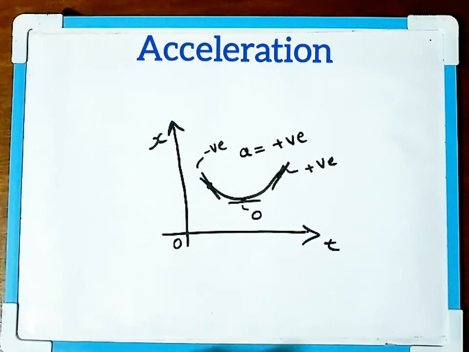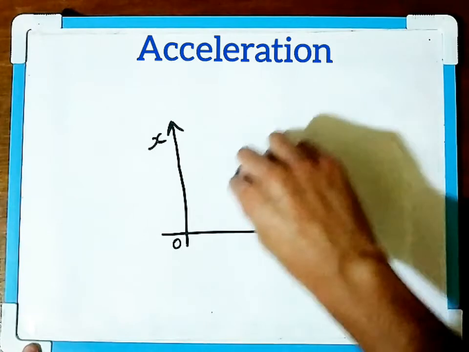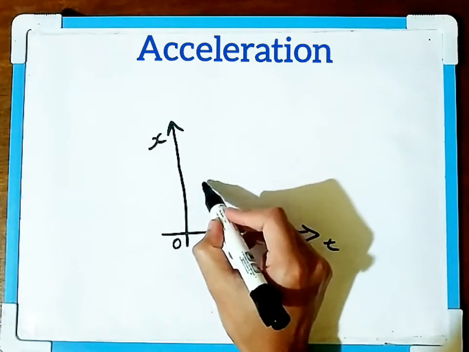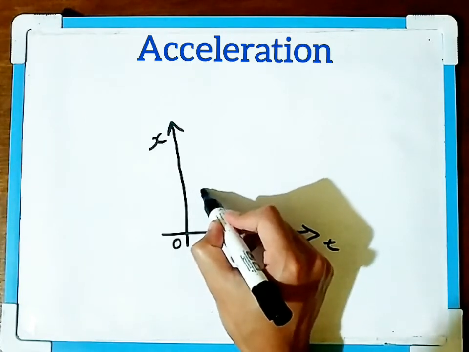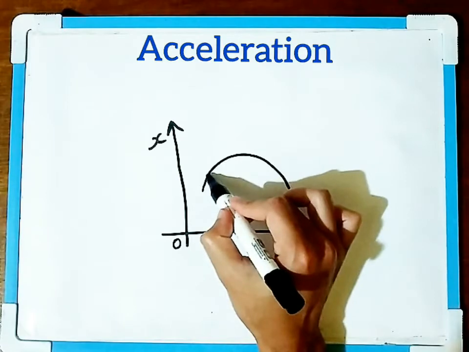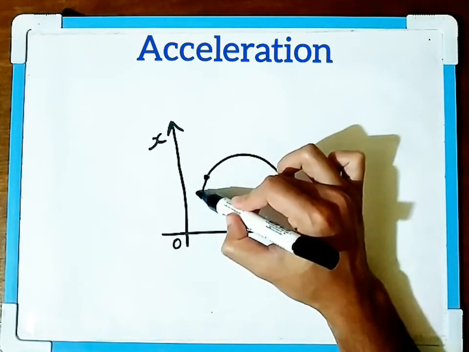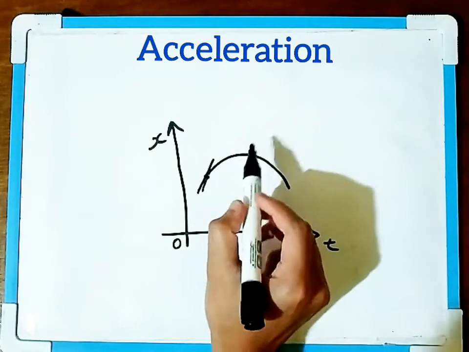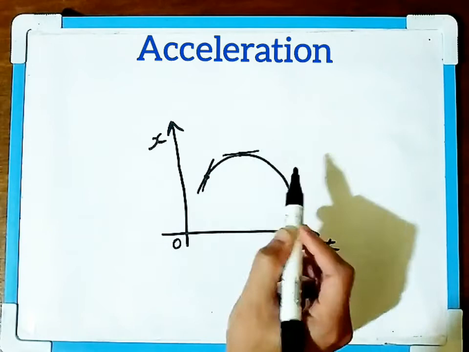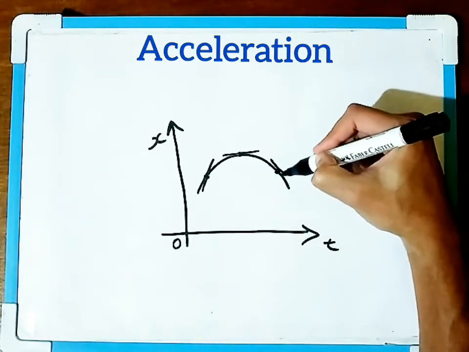Now the next case is for a negative acceleration. Now we have the position-time graph in this manner. Again here, the instantaneous velocity at this point is the slope of this tangent, and the same at the other points.